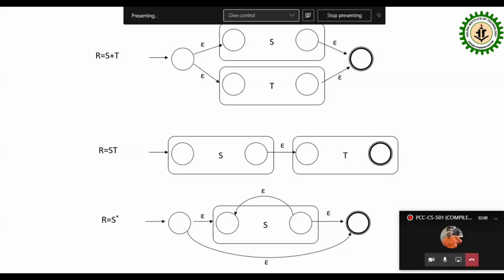So that is the basic structure to find the null NFA for the regular expression S star. Okay, any confusion here? You already know those. Again, I am telling you, you already know those. Any confusion? Be careful about that and make it clear, because you have to draw the DFA or NFA directly from a regular expression by using this method.